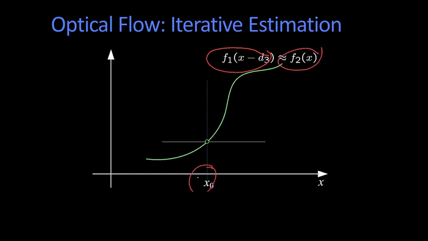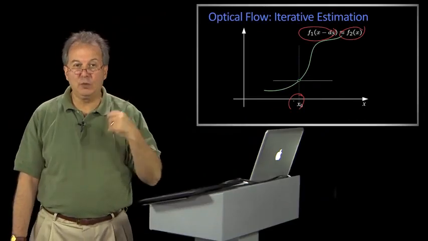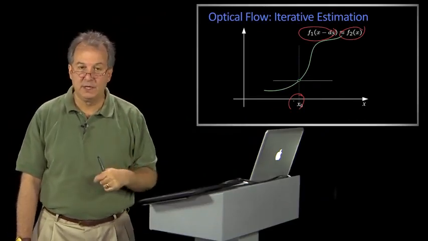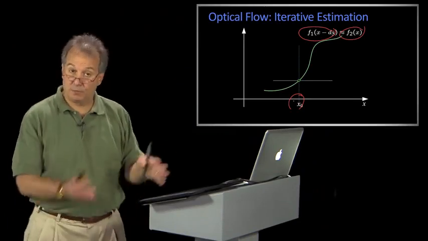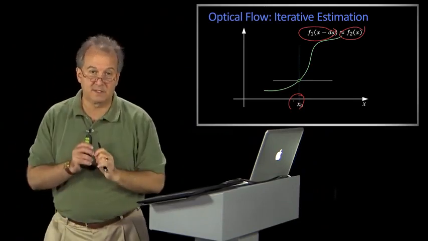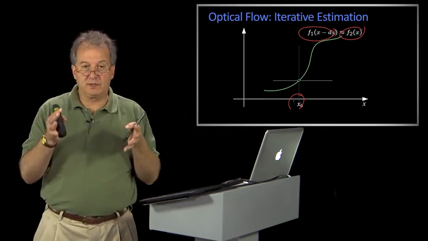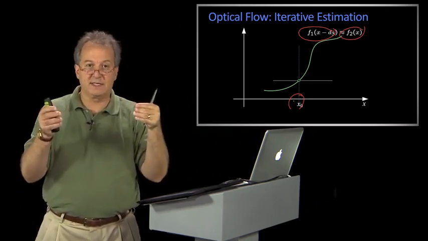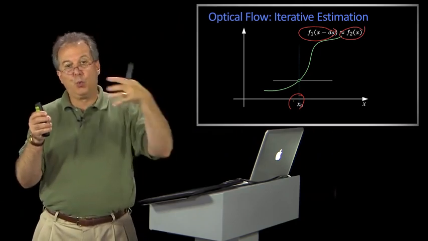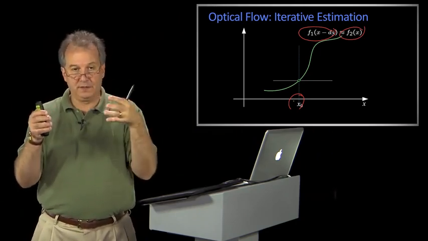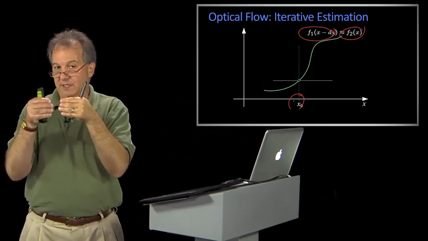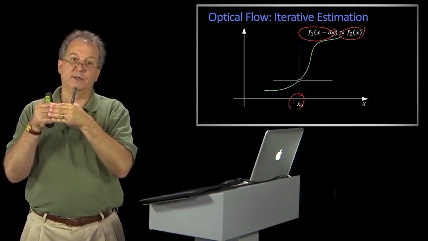That's the iterative refinement. And the only thing it takes to do this iterative Lucas-Kanade beyond the regular one is this warping step. Given some UV that you've computed between one image and the next, take that first image, warp it through that flow field, and now you'll have almost the second image, and you just apply it over again.